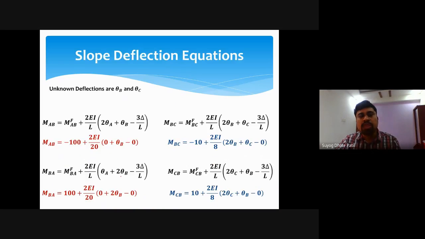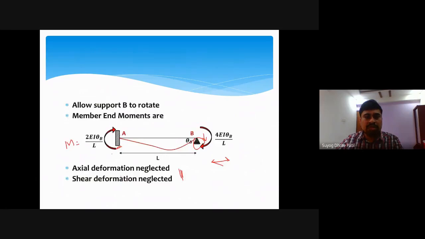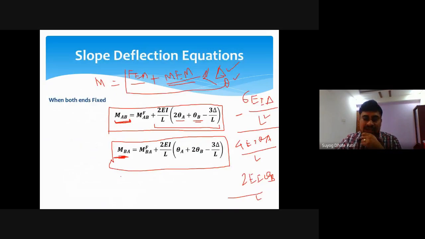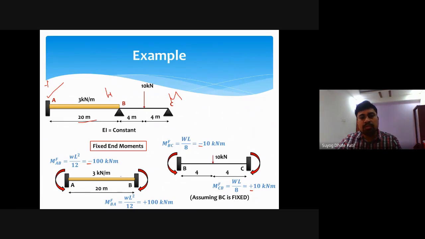Now, this is the basic equation we have, and by using this basic equation we have to calculate these final end moments, the final moments at support. So for this beam, given the loading condition, we have calculated the fixed moments.